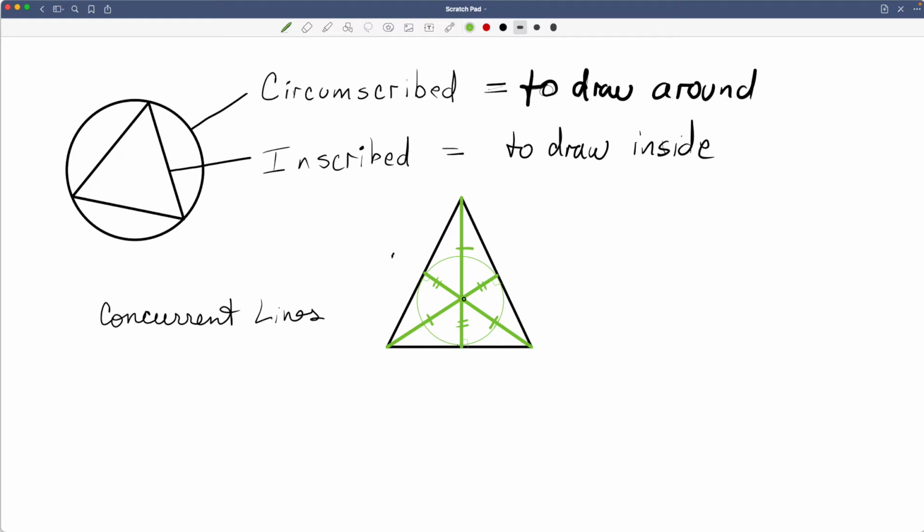And then the point in the center in which they cross, you can inscribe a circle around.